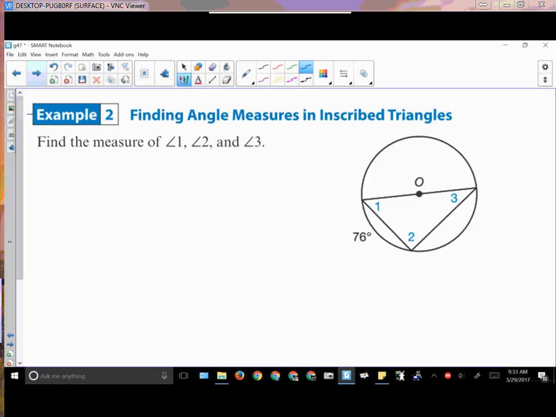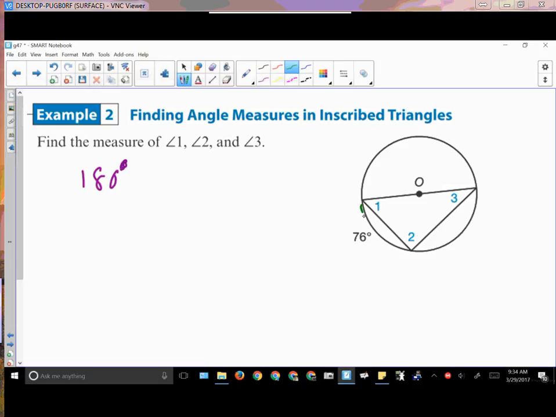So if I want to find the measures of angle 1, 2, and 3, well, first offhand, how many degrees are there in a triangle? 180 degrees in a triangle. Yeah, triangle, not circle. It's okay. So, first offhand, 180 degrees here.